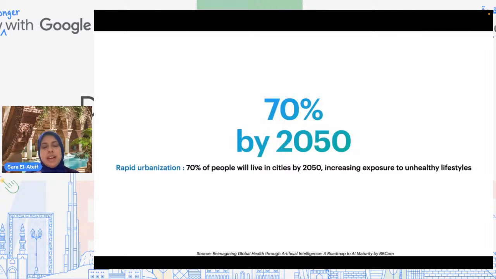Well, apart from that, by 2050, mostly everyone is going to move from rural areas to urban areas, and that means humans will be increasing their exposure to unhealthy lifestyles.